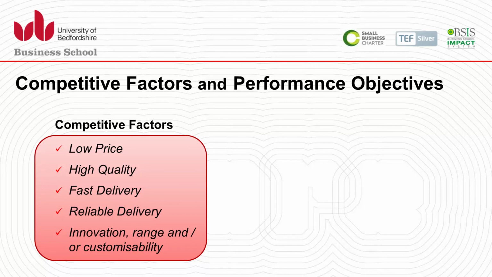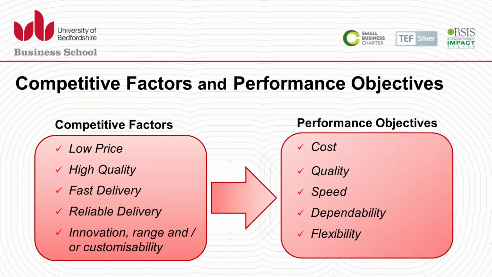And then reliability can be a factor for competitiveness, and innovation as per the need and expectation of the customer, to make it more customized, more tailor-made as per the requirement of the customer. So looking at the competitive factors on one end, let's see what the performance objective will be based on these competitive factors.